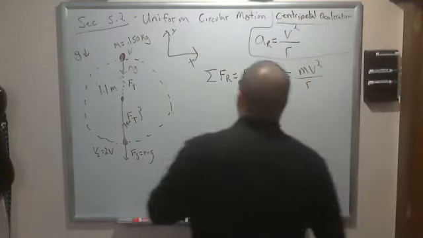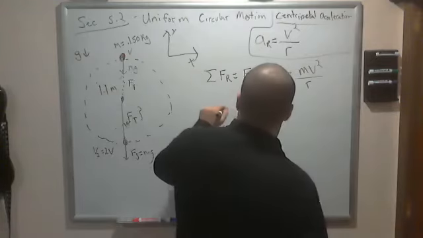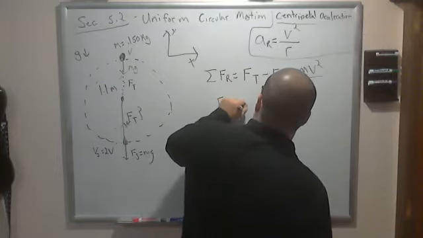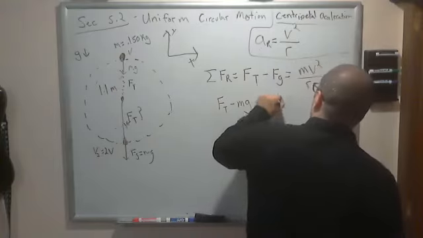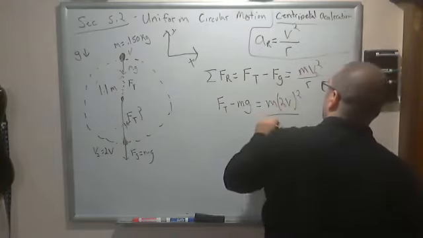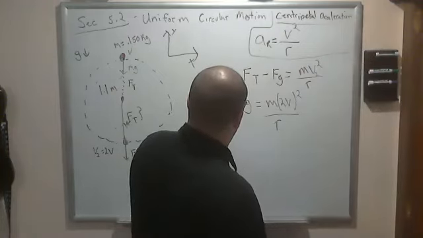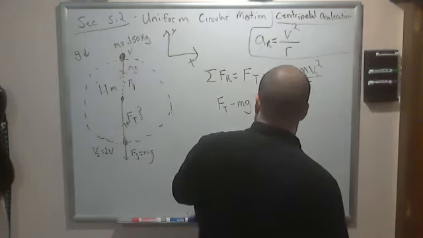We assume that it's 2v. So Ft minus mg is equal to m(2v) squared over r, and then I'm going to bring mg over to the other side.